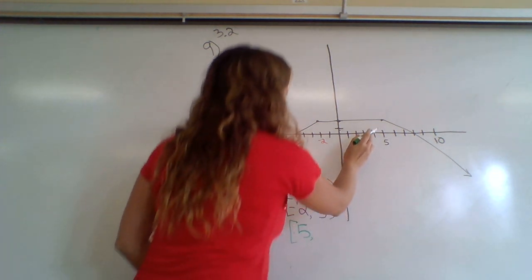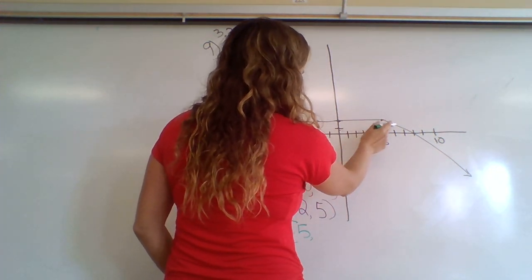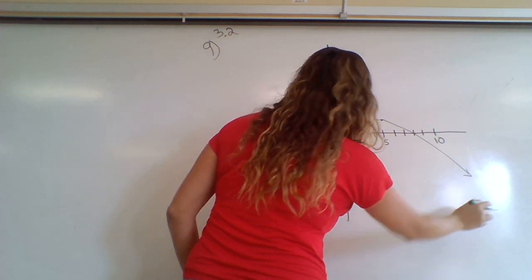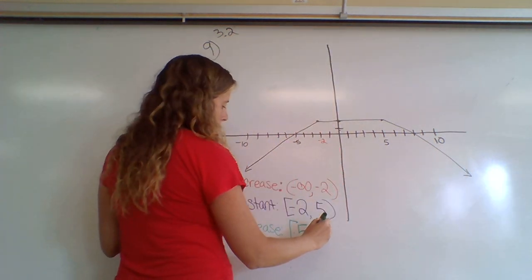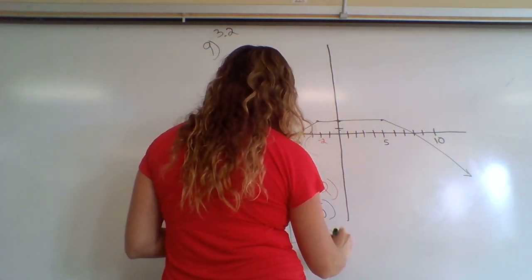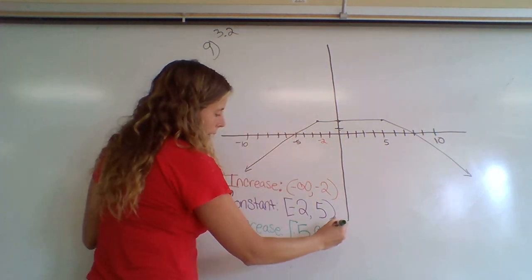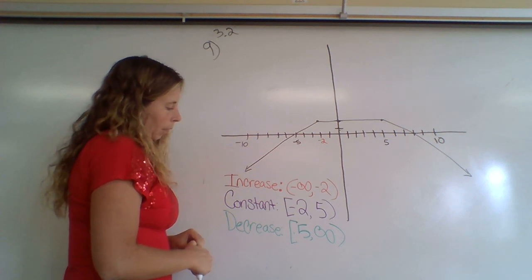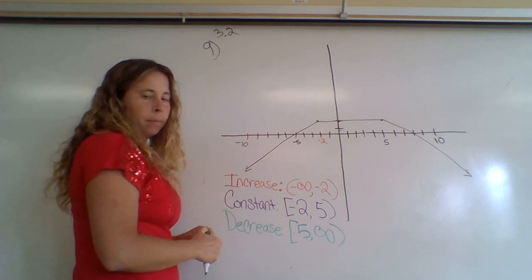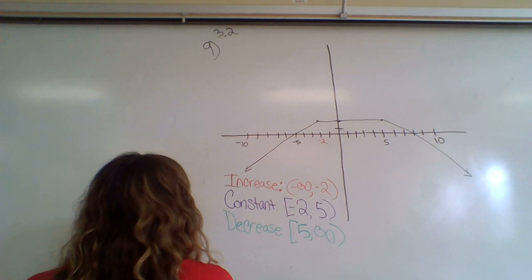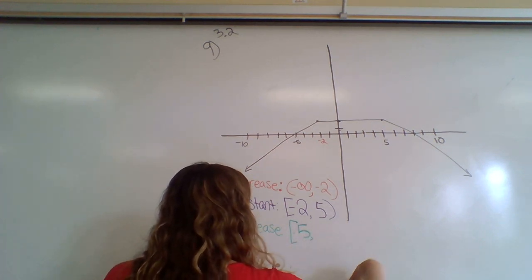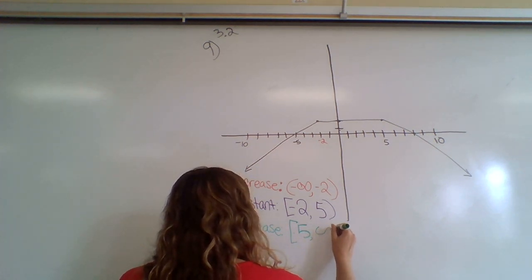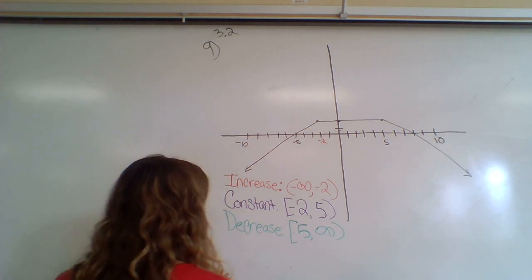So now we're looking here, x equals 5. We're decreasing forever, forever, forever. So we're decreasing from 5 to infinity. So if it's infinity, parenthesis, because we're never actually going to get there. It's just going on forever and ever and ever. That was a terrible infinity symbol, hold on, let me rewrite that. That's a little bit better.